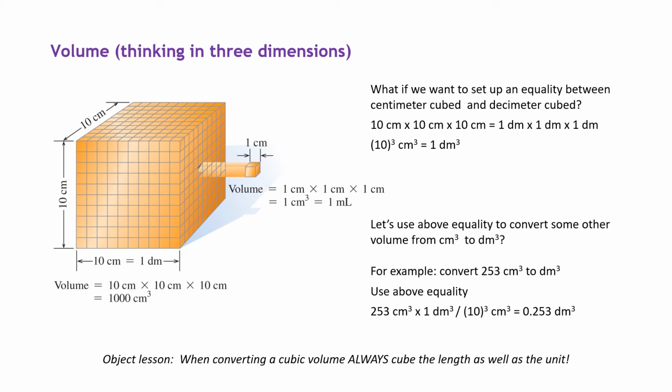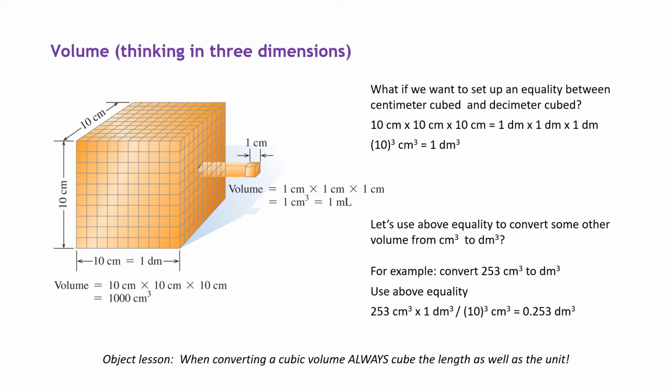Now it's of interest to note that the total volume of this square is 1,000 centimeters cubed, and that 1 centimeter cubed equals 1 mL. I think you can see that that means that 1,000 centimeters cubed would equal 1,000 mL, which in turn equals 1 liter.